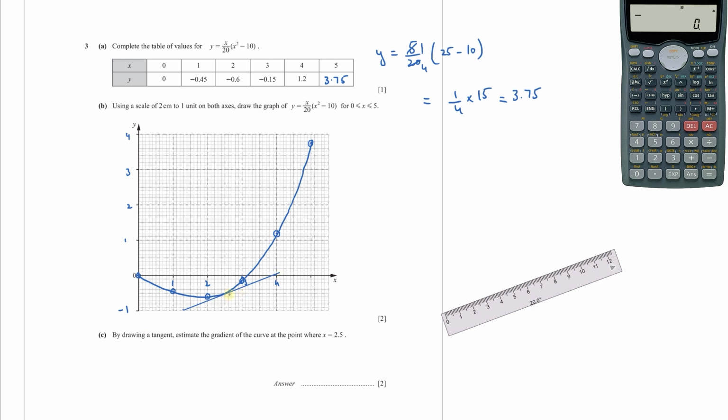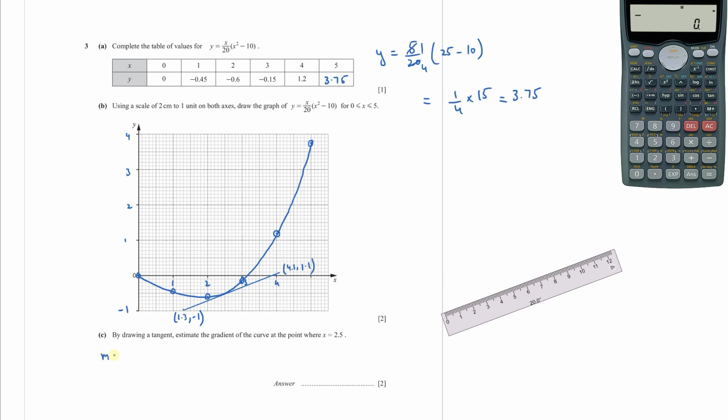All right, so now we can use 2 points on this line to calculate the gradient. So this point here, the x value is 1.1, 1.2, 1.3, and the y value is -1. And this point here, the x value is 4.1, and the y value is 1.1.